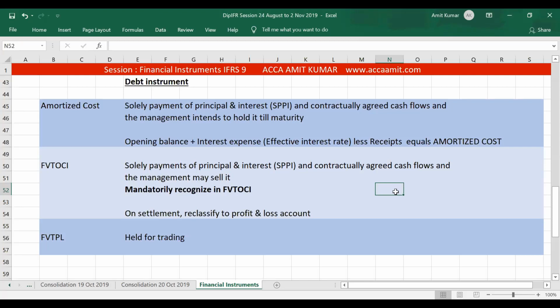We will show that loss allowance also as part of OCI. On settlement, it will be reclassified to P&L. So not only the fair value gain or loss on the instrument will be reclassified to P&L, but if there is any loss allowance created because of any expected impairment on the asset, it will also be reclassified to P&L on settlement.